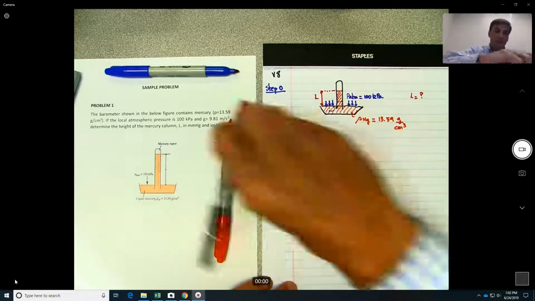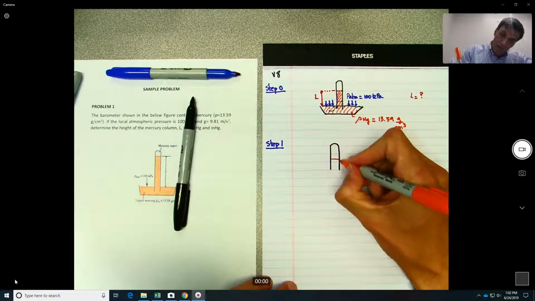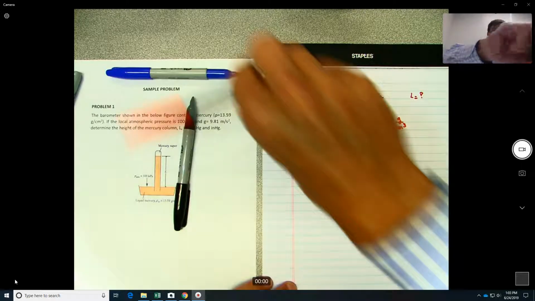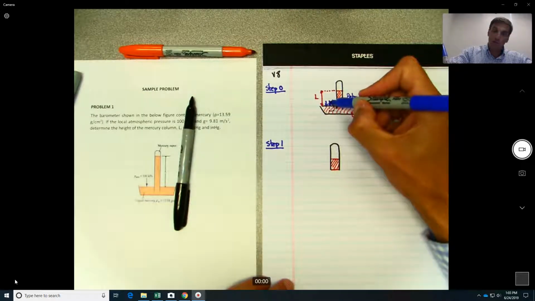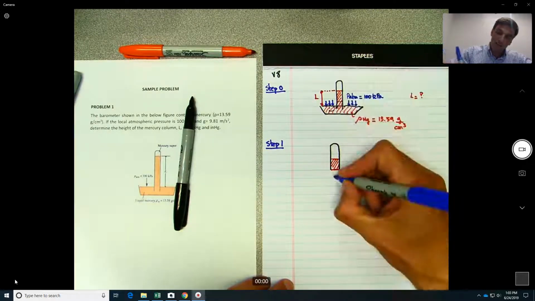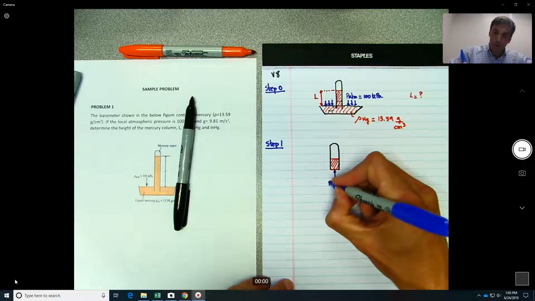It will look something like this. Okay, so if you look at this figure here, this one is connected to the P atmosphere. So I'll move that little element here like this, but here it will also be equal to P atmosphere.